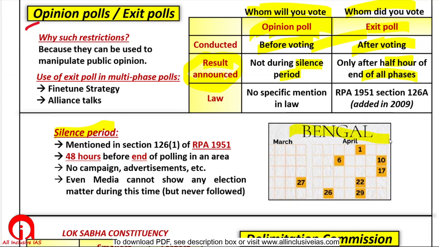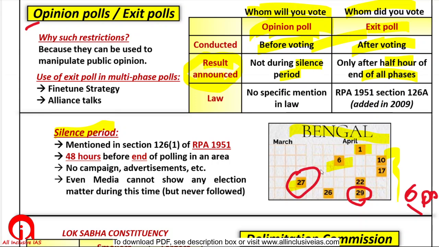Like in West Bengal, the elections were on 27th March, then 1st April, 6th April, and so on. The last day of the polling is 29th April, let us say evening 6 p.m. The polling will end on 29th April at 6 p.m. So once this polling ends, half an hour after that, you can tell the result of the exit poll of 27th.